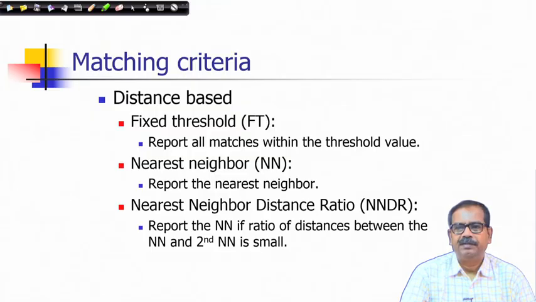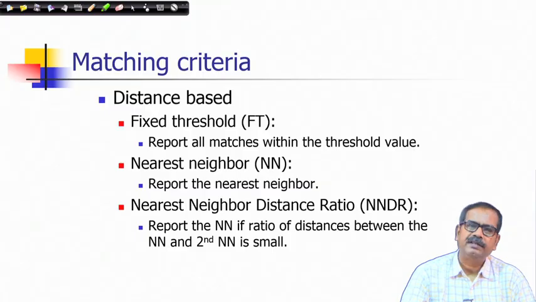If it is distinctly nearest, that means the next neighbor is quite far away, then we should accept that as a reliable matching between these two feature vectors. So, this ratio should be very small, and if this ratio is very small, then you can consider that this is a good matching point.